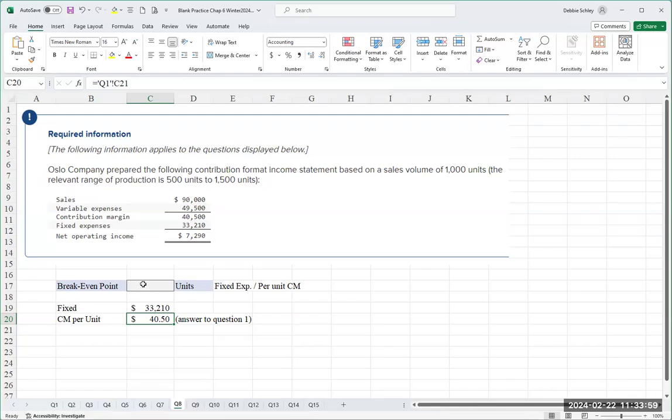So to get break even point in units, you take the fixed total divided by the contribution margin per unit. So there's my fixed divided by my contribution margin per unit. And this always gets rounded to a whole unit because you can't make half of anything. Okay, so 820 units is my break-even point.